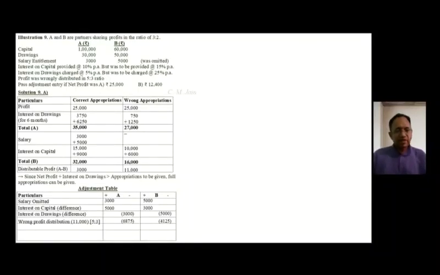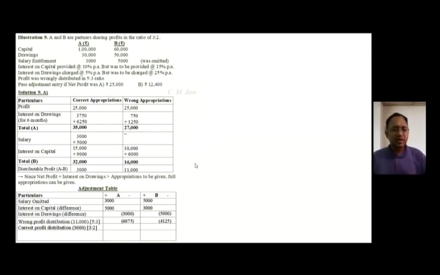Now, once we have taken back the wrongly distributed profit, we also need to give the correct profit to them. Correct distributable profit is how much? As per correct appropriations, 3000, and it needs to be distributed in which ratio? 3:2.